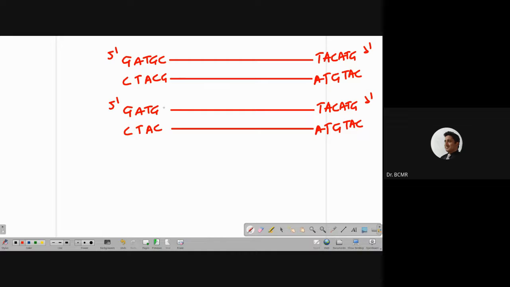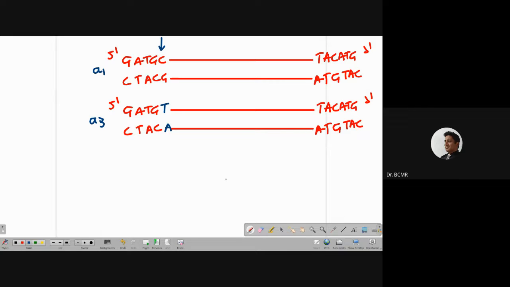Assume it has TA. The rest of the whole sequence in these 2 alleles is the same, except in that position. Everything else is the same. As per the first slide we discussed, this is allele A1, and this is allele A3.